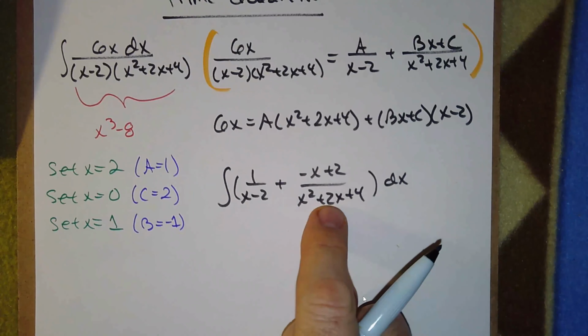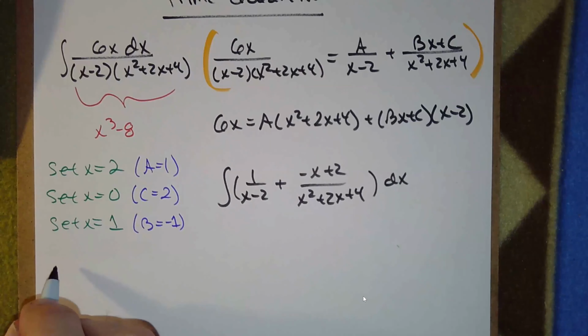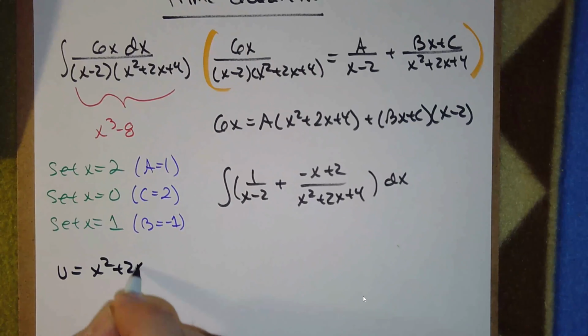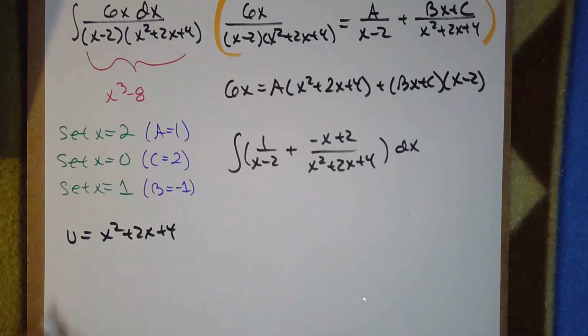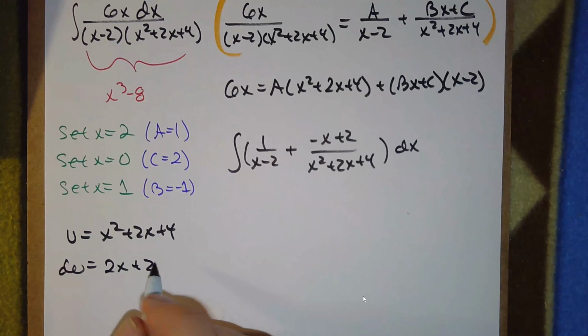I mean, that almost looks like the log. Let me show you what I mean. If I let u equal x squared plus 2x plus 4, then du is 2x plus 2 times dx.